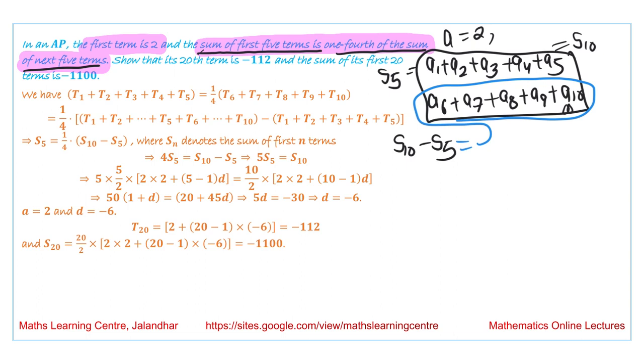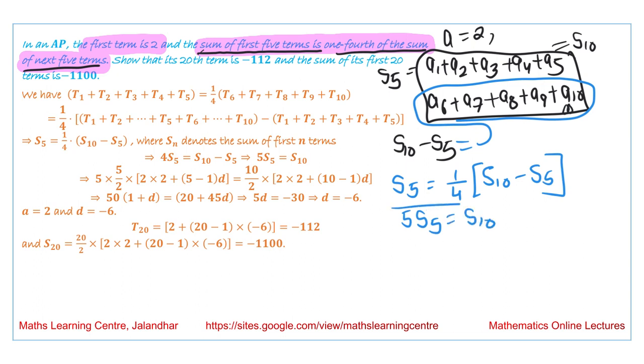And it is given that S5 is equal to 1 by 4 times (S10 minus S5). So if we solve this, we obtain 5 times S5 is equal to S10.